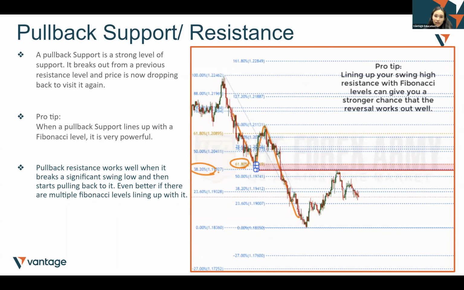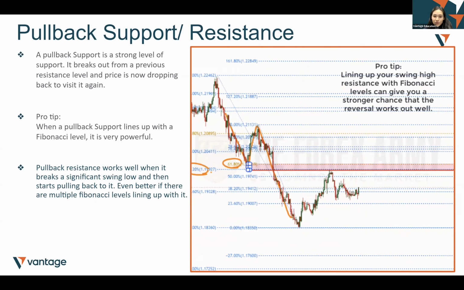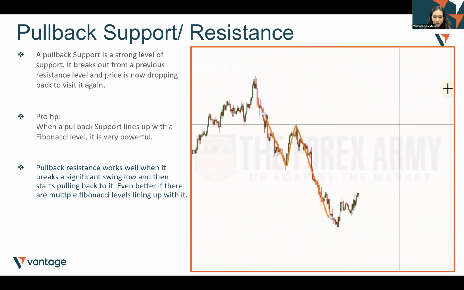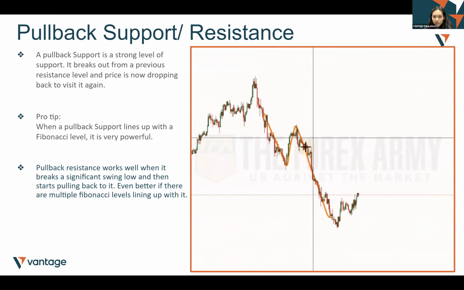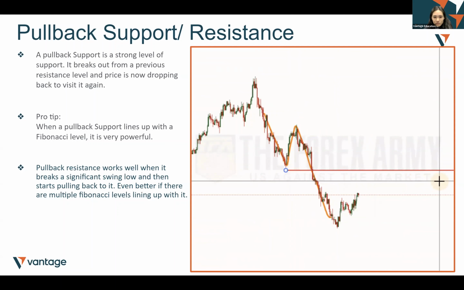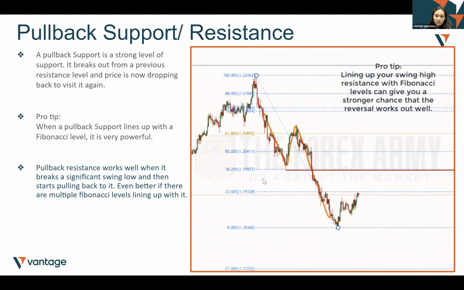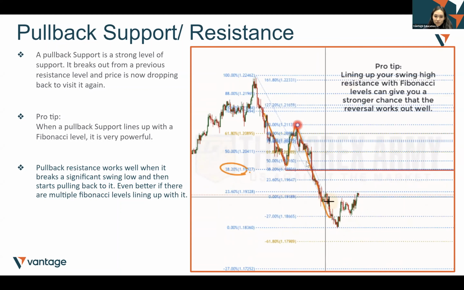So here, if we take a look at the GIF, we have a pullback support. We can take a look at the shape first. Here we have a pullback support, and we are expecting price to reverse off and go back to this level of support.